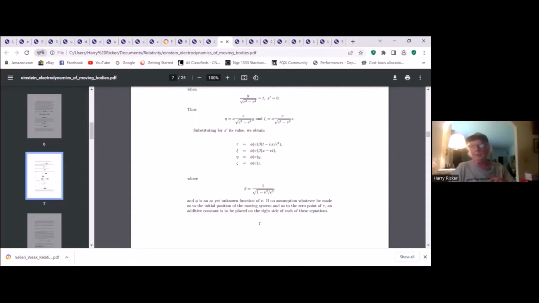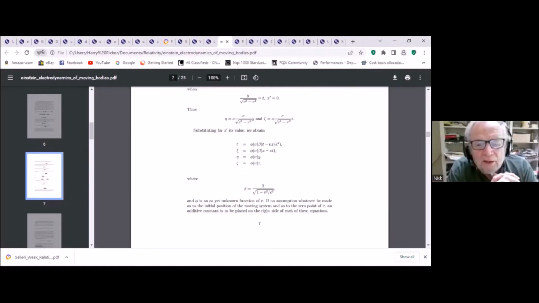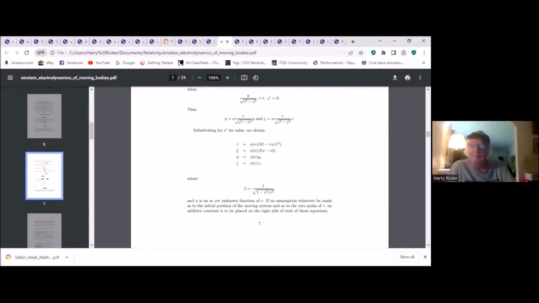And Roger, in his presentation to the physics conference, mentioned that because of that Vx over c squared term, you can't really reduce the Lorentz transformation to a Galilean transformation. But the way that Selleri did that was by having an arbitrary standard of what is real time, and real simultaneity.